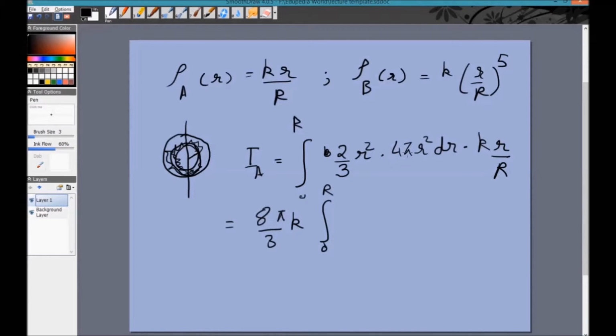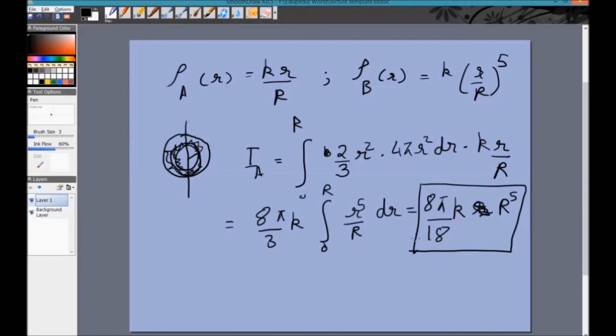So we've taken 8 pi and k out and 3 out, so what is left is r to the power 5 by R, which gives me r to the power 5 is r to the power 6 by 6, and 1 R will cancel, so we'll get 8 pi by 18 k capital R to the power 5. This is my answer for this one.